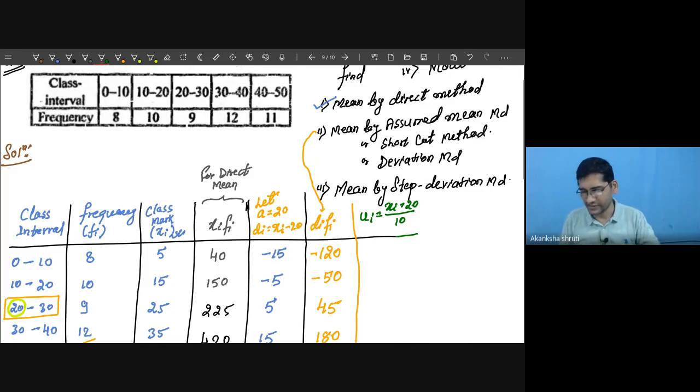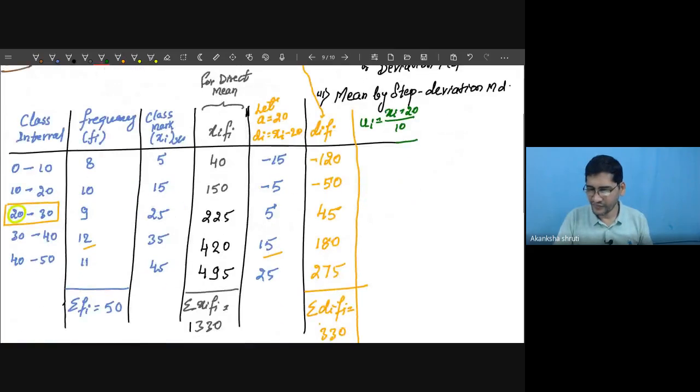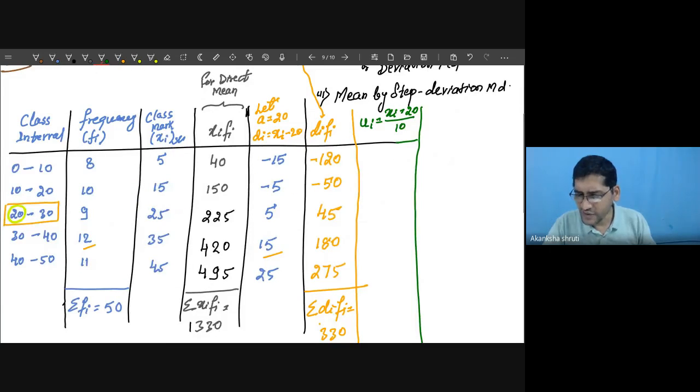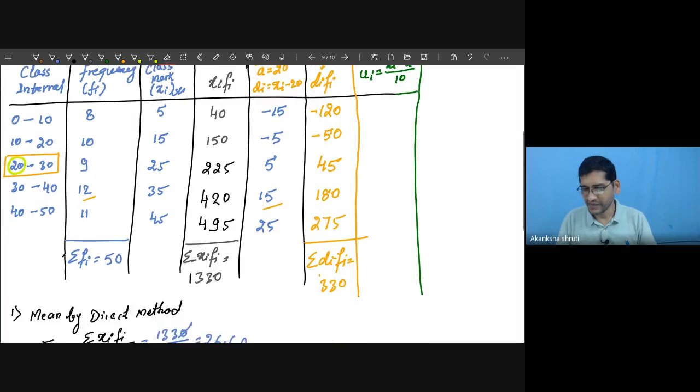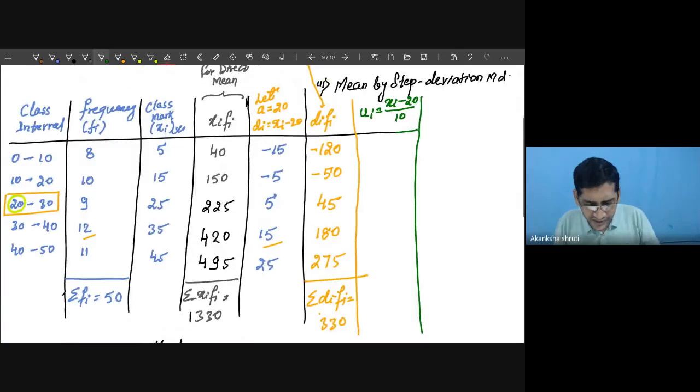You need to calculate this much. How we arrived at this Xi minus 20 by 10, that I had explained. So you should be careful while you are writing this. So let us go for calculating this. What can we get?